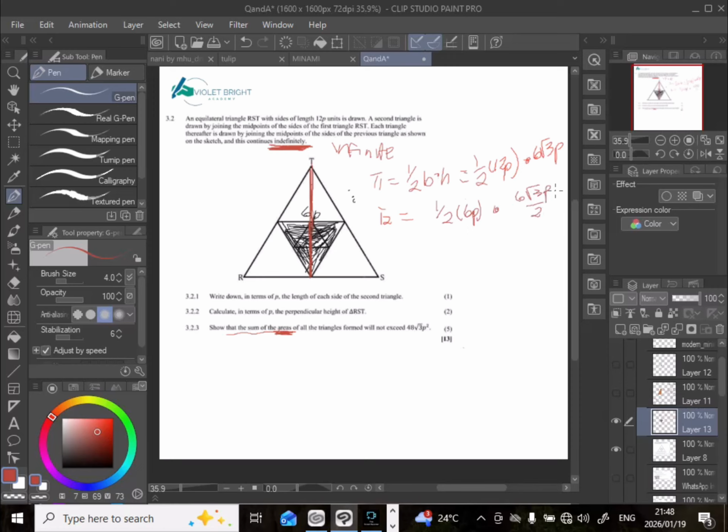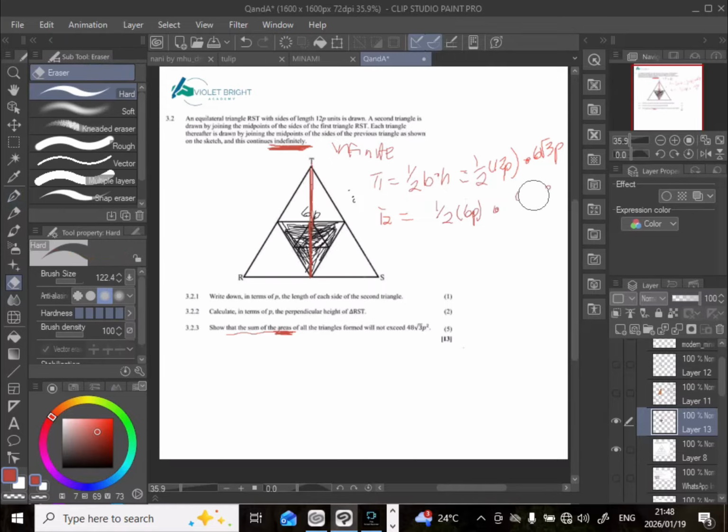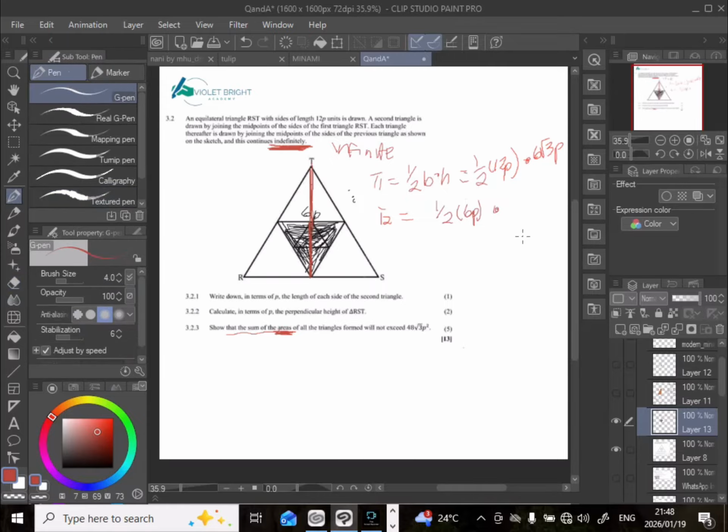Why am I saying this? Because we know that these triangles are equilateral triangles, so everything is just divided by 2, divided by 2, divided by 2. It's through root 3 here on the side. Let me just do it correctly here. Simplified, it's 3 root 3 p.